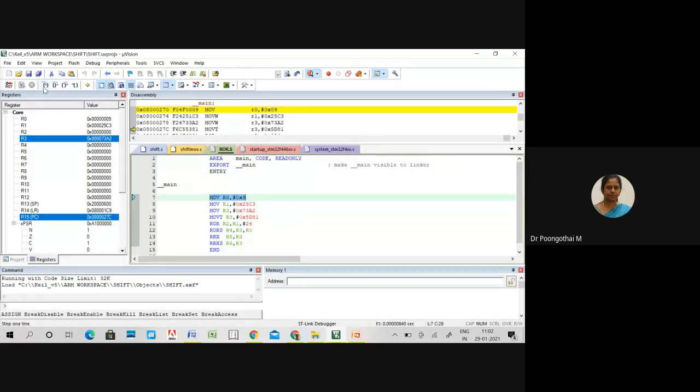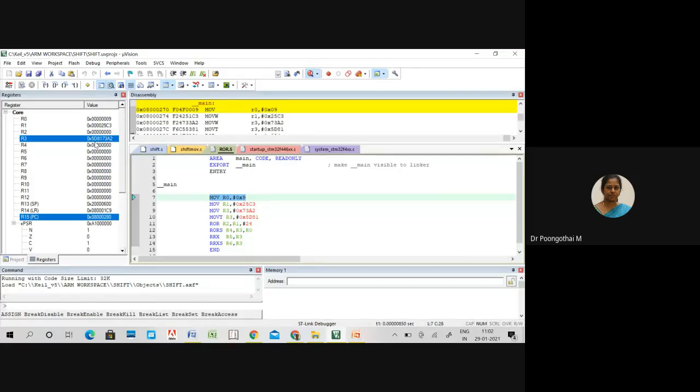After that, the instruction given here is MOVT. After execution of the MOVT instruction, your R3 holds a 32-bit value. It is used to combine the lower order 16 bits and higher order 16 bits.